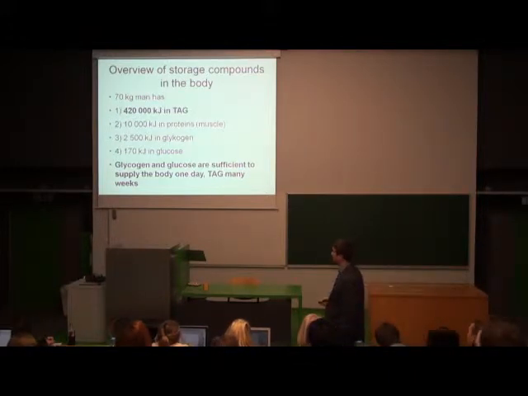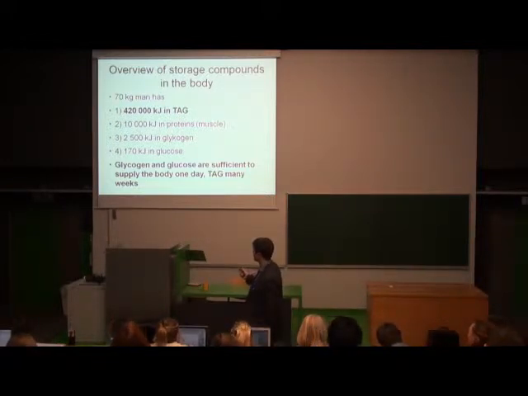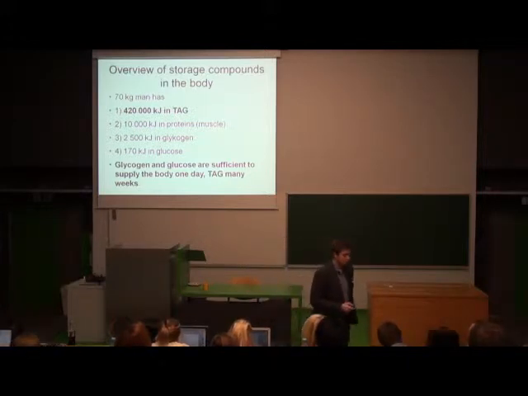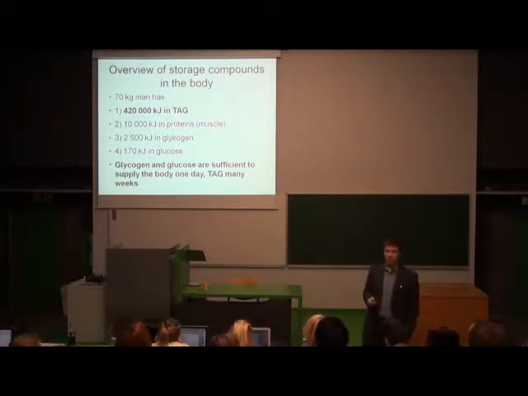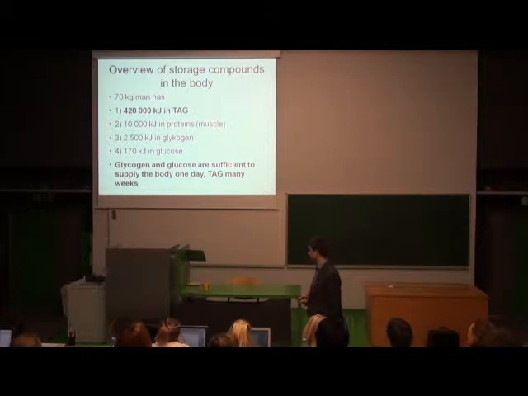It means that if you have 70 kilos, you have so many kilojoules in triacylglycerols, only 10,000 kilojoules in proteins, 2,500 kilojoules in glycogen, and only 170 kilojoules in blood glucose, in plasma glucose.